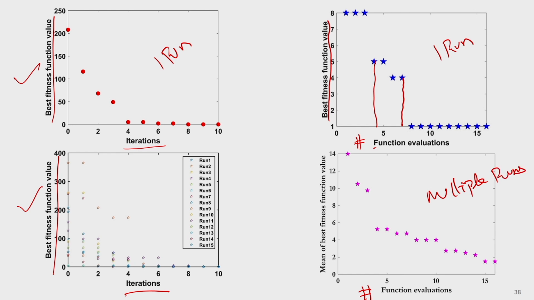So, now if I have multiple algorithms, I can plot multiple such curves and try to make some inferences from that plot, because this particular curve consolidates the information of all the runs for us, right. So, I do not need to worry about runs, because that information has been captured by this mean of best fitness function value, right. So, these are the 4 types of convergence curves, right.